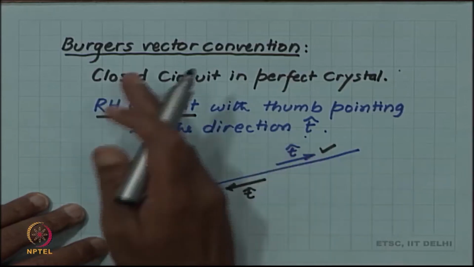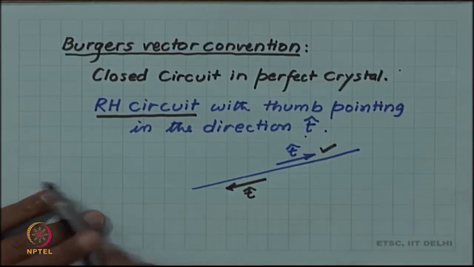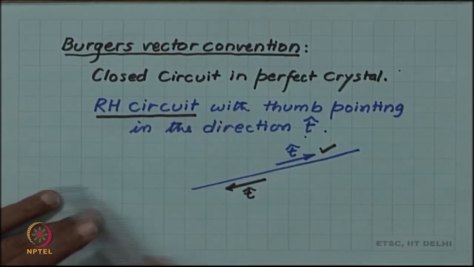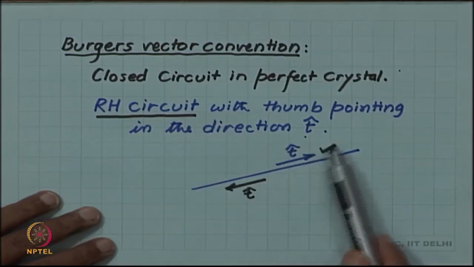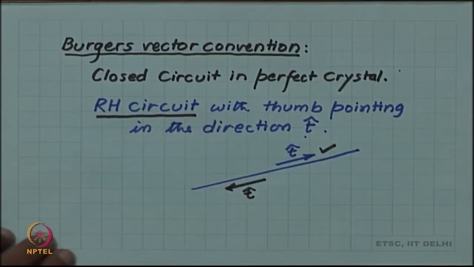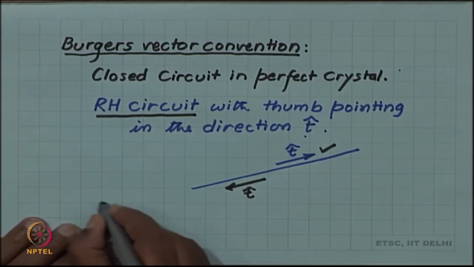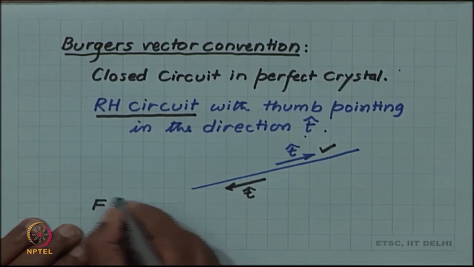In our convention, we are taking a right handed circuit. So, if you curl the fingers of your right hand such that the thumb points in the direction of T, then the fingers will be circling in the direction in which you should take the circuit. So, a right handed circuit with the thumb pointing in the direction of T, and then the closure failure, finish to start, will be the Burgers vector.